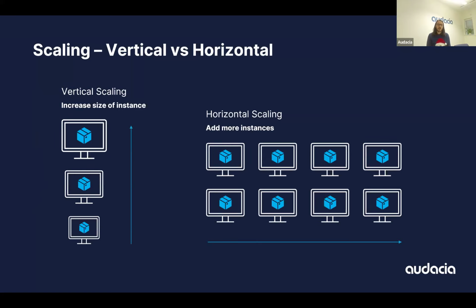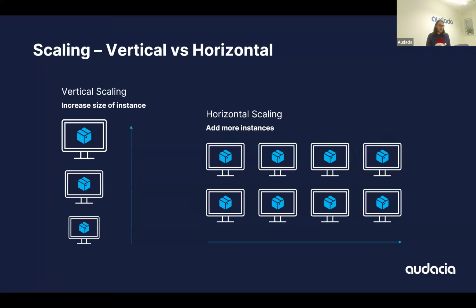So, scaling vertical versus horizontal. Vertical scaling is where you have one instance of a computer, and in order to scale it, you have to increase components within it.